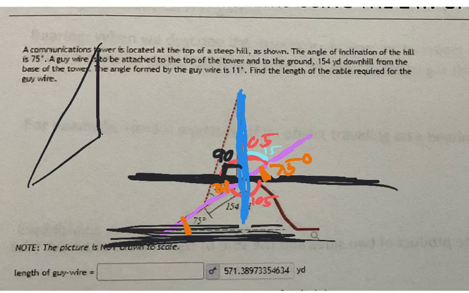The 90-degree angle is from the tower that was parallel to the ground with the guy wire. But remember there's this part. It's 75. So if I just redraw this triangle, that's all I've done here. I'm going to redraw it and clean it up, because that's a disaster.